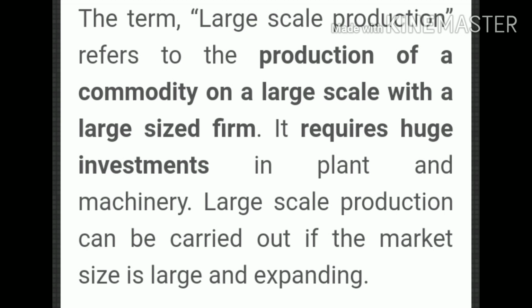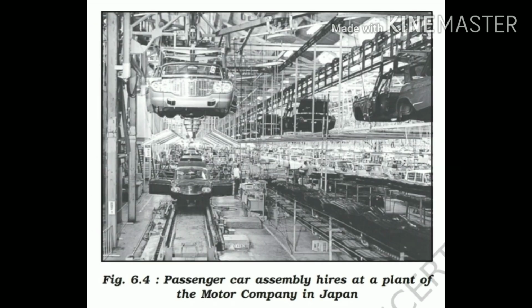Large-scale production can be carried out if the market size is large and expanding. Large-scale firms are characterized by mechanization and division of labor and production and sale of goods in large quantities. They cater to a large market. The Industrial Revolution laid the foundation of the factory system.